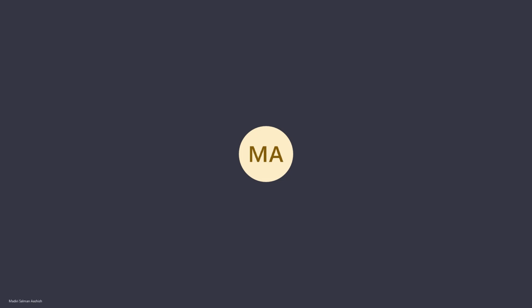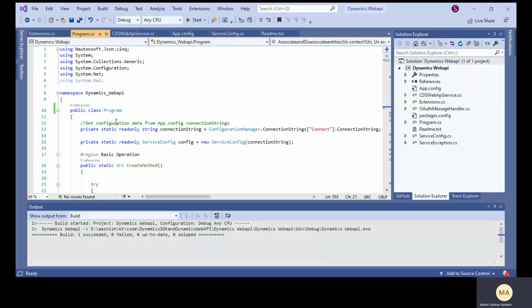I have some libraries which I'm using. So let's see how I'm writing this code. We have service exception, and we have service config, and we have Program.cs, and we are using OAuth message handler, extension, and we are using CDS web service classes. So let's go to the readme file.